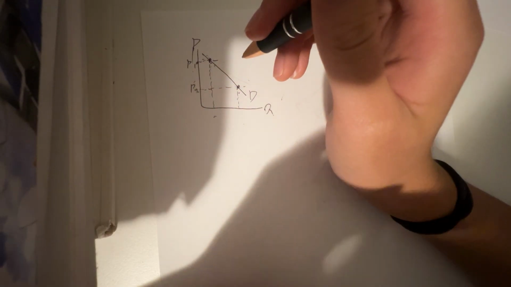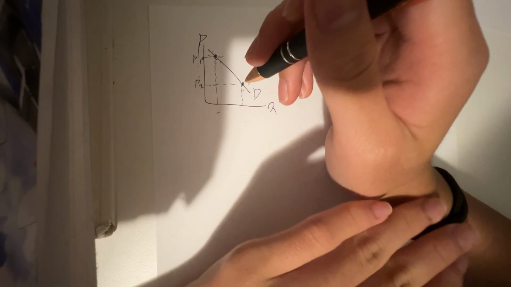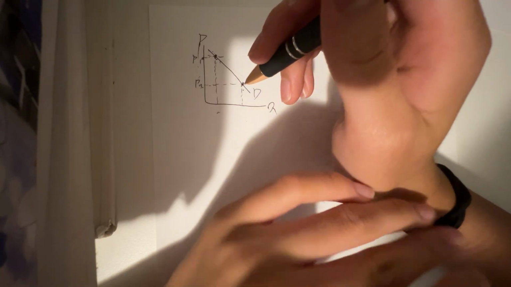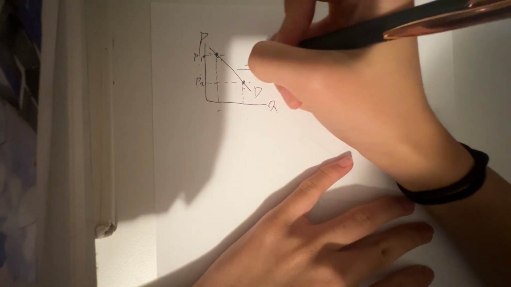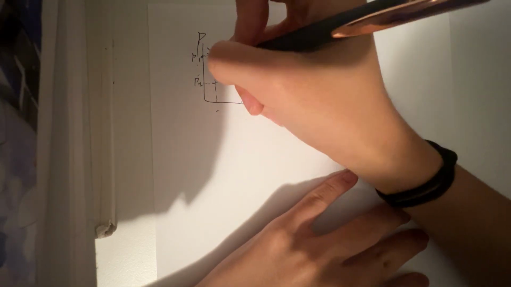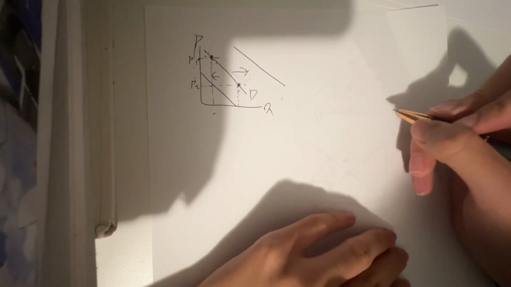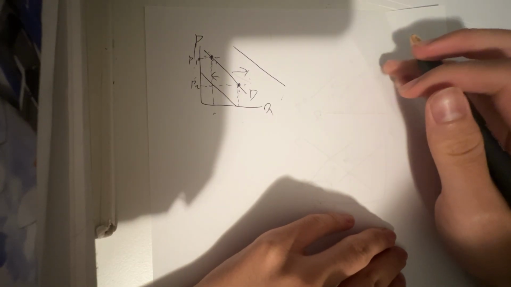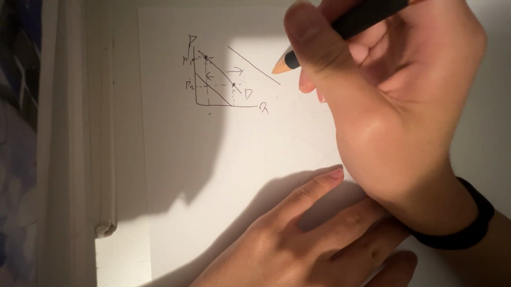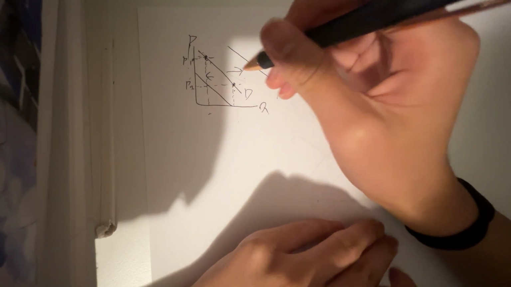But there's also shifts in demand, which is a change in demand. It's demonstrated by shifting the curve to the right or the left. If we're shifting it to the right, then there's more quantity demanded.